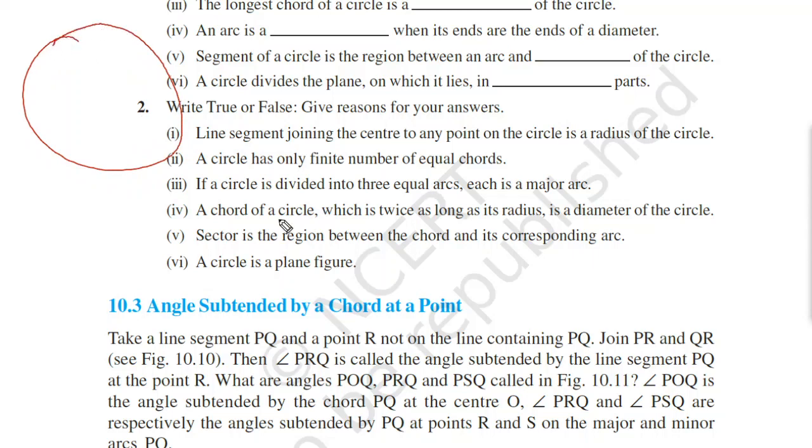Okay. So a chord of a circle which is twice as long as its radius. Now this chord's length is twice as long as the radius. So we can say it is a diameter. So the correct answer, true or false, is true. Yes, it is true.